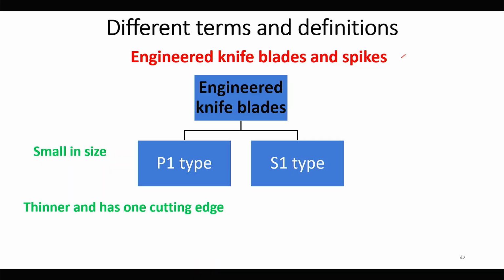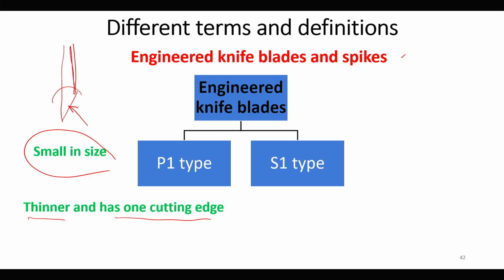P1 type is basically small in size and thinner, and it has only one cutting edge, like this, this is the cutting edge.